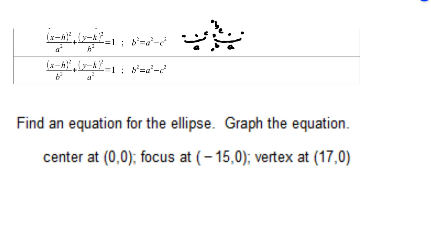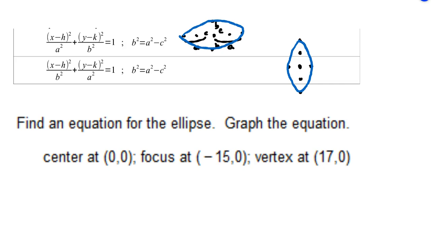And then your ellipse touches all those vertices to give you the ellipse. For the vertical orientation, you have your center. C distance away, you have your foci. A distance away, you have your vertices along the major axis. Perpendicular to that, you have b distance away, your minor axis vertices, and touch all those vertices to sketch out the ellipse.